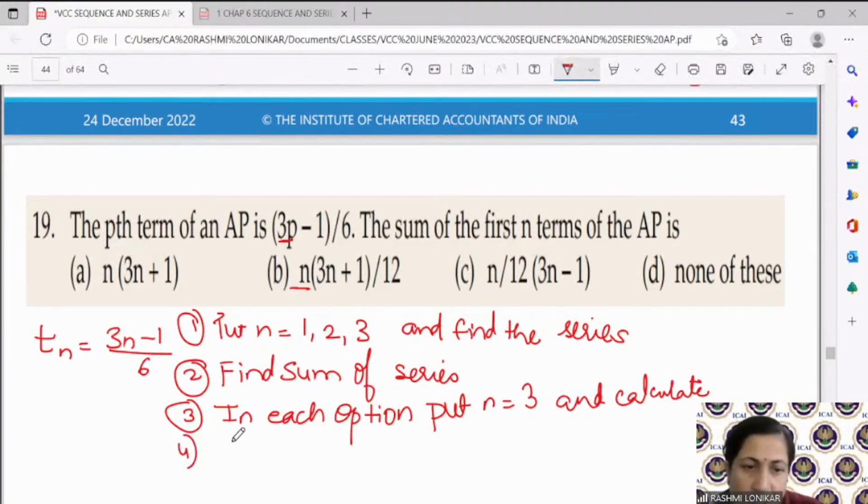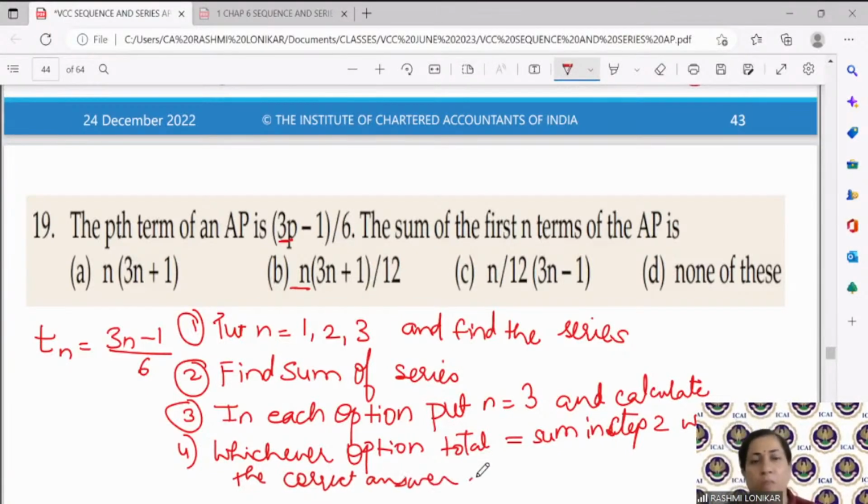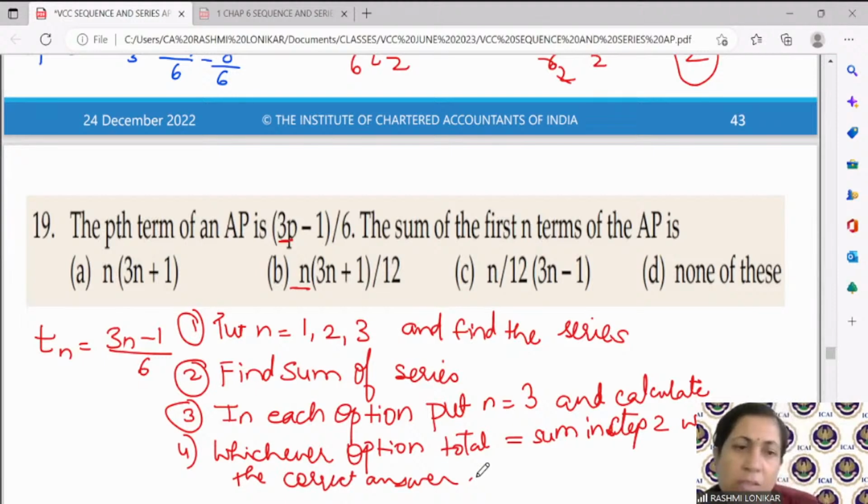Whichever option's total is equal to the sum in step 2 will be the correct answer. So I have given you the shortcut for this so that you will be able to do this.